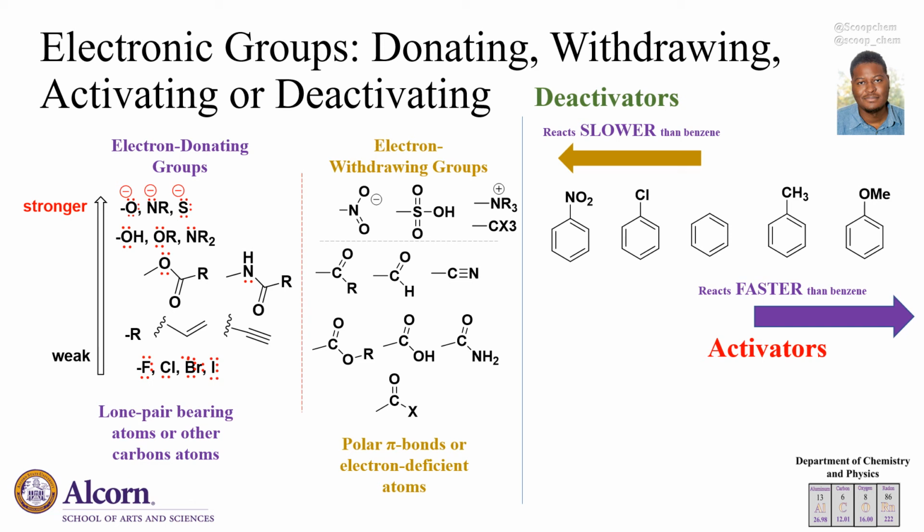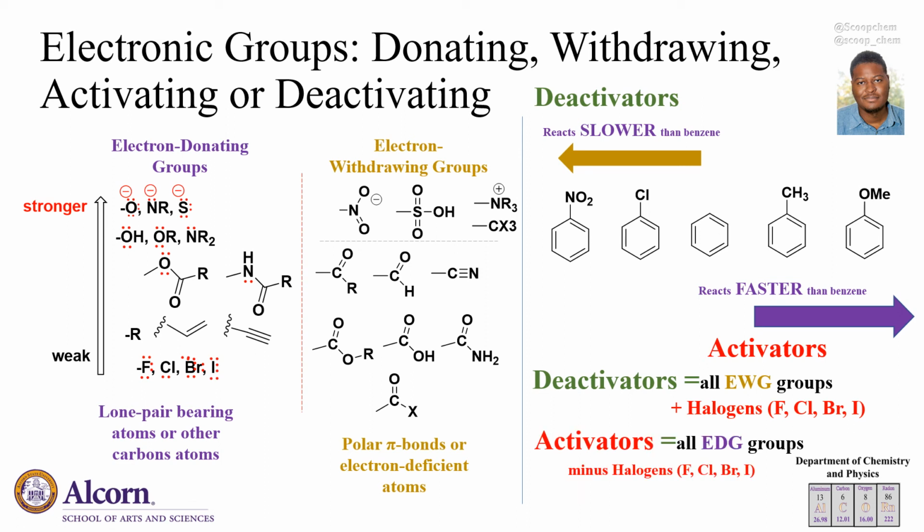This is pretty straightforward. All of your electron withdrawing groups are deactivators, plus the halogens. I know halogens are electron donating, but they are deactivators. And our activators are all electron donating groups minus the halogens.